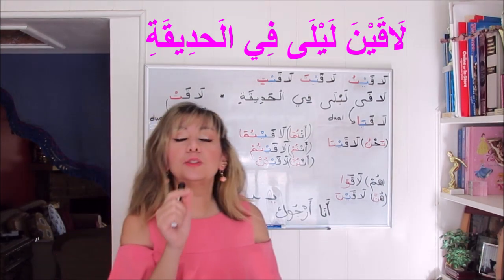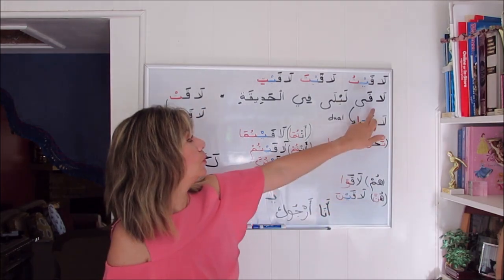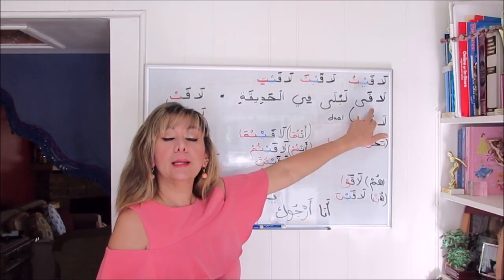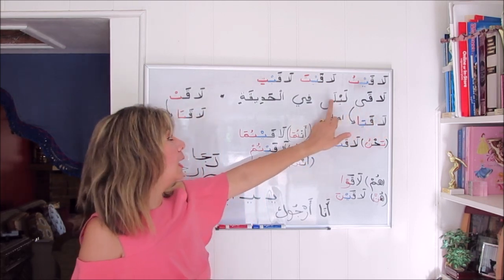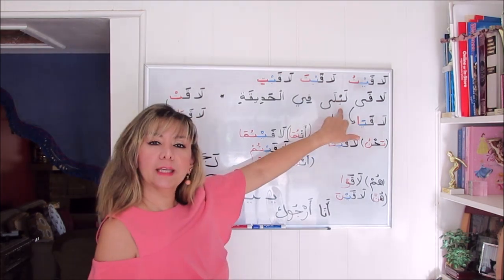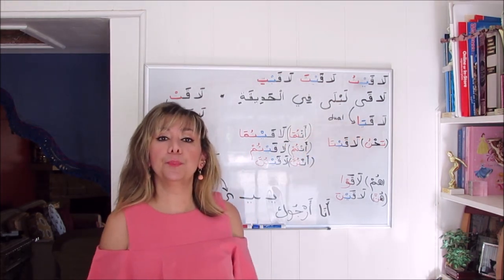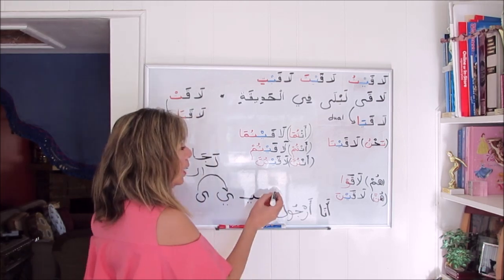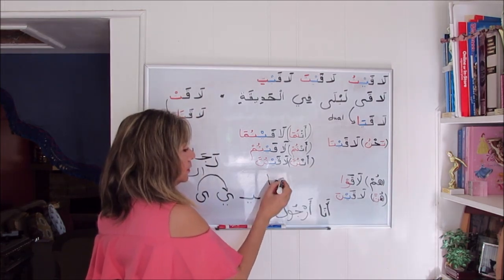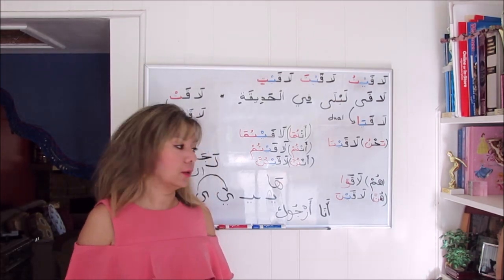What if you want to attach an object pronoun to this form? Laqa. Laqa Layla fi al-hadiqa. So this Layla, this female given name, can be substituted by the object pronoun ha, referring to the third person singular feminine.